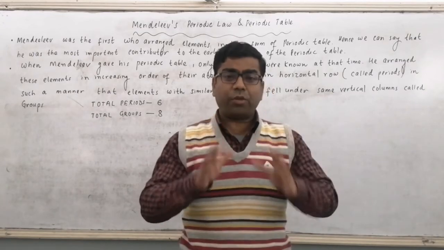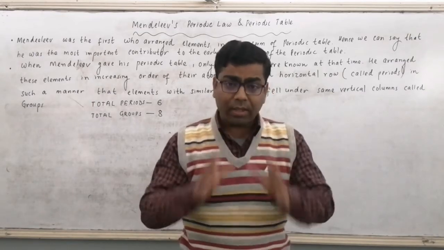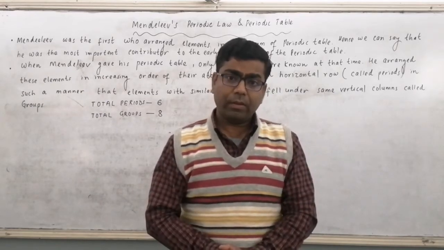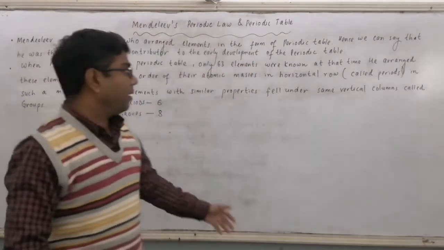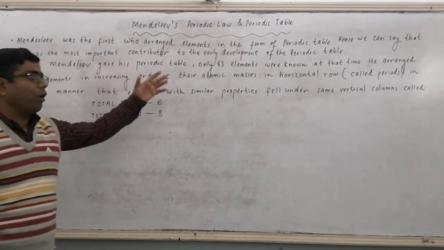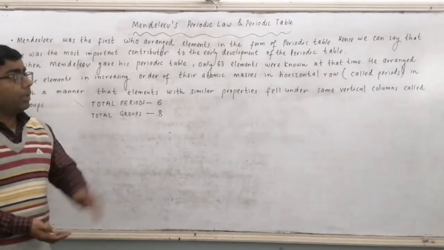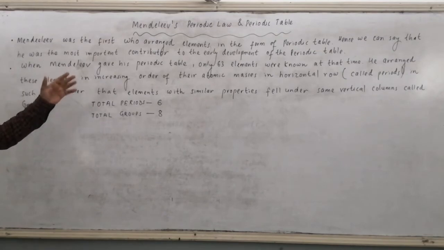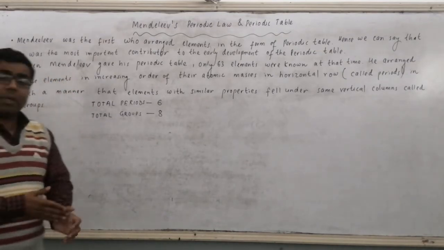The systematic classification of elements in the form of periodic table was first done by Mendeleev. Hence we can say that Mendeleev was the most important contributor to the early development of periodic table.